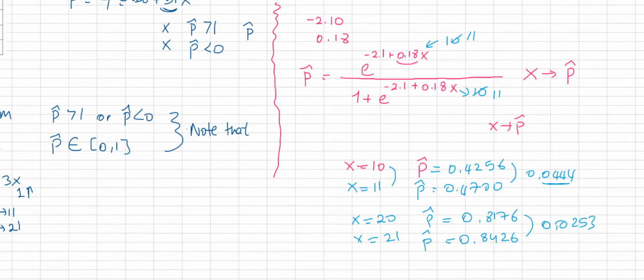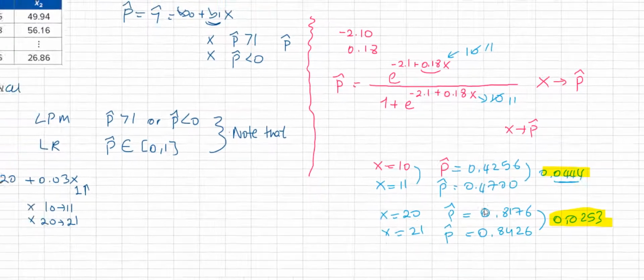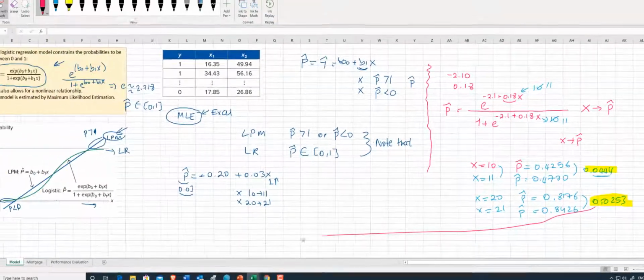So let's highlight these two values. And as you see, the increases are not equal. Plus, when x is relatively large, its impact on the predicted probability is decreasing. And this is also consistent with the logistic specification.